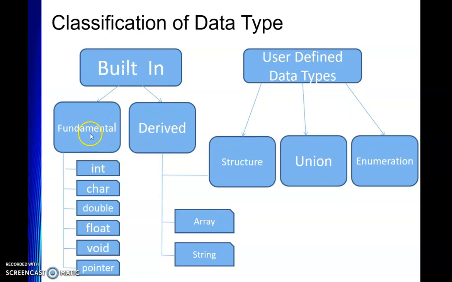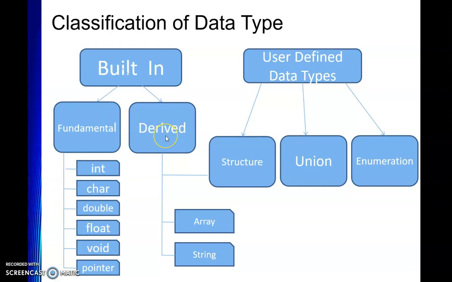In the fundamental data type, we have already discussed these four. Other than that, there are two other things: one is void and another is pointer. We will be discussing pointer when we talk about pointers, and void when we talk about casting and all these things.